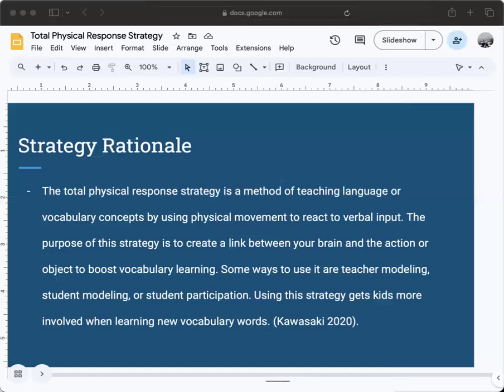And student participation is when you have all the students mimic the same gestures, facial expressions, or props you've used and ask them to say the word as they're making the movement or holding the prop. Using this strategy gets the kids more involved when learning new vocabulary words, so it keeps them more entertained.